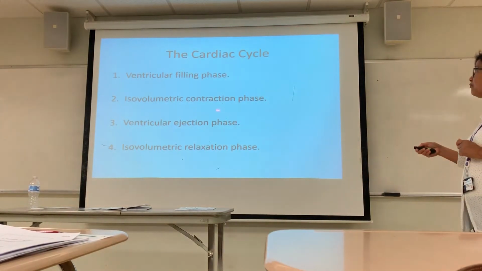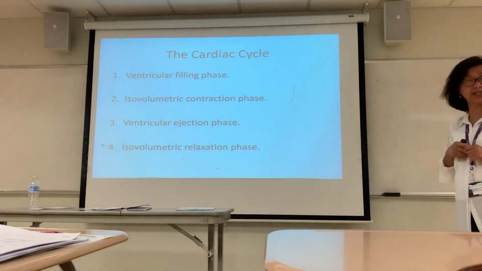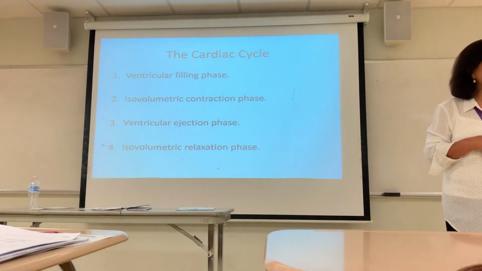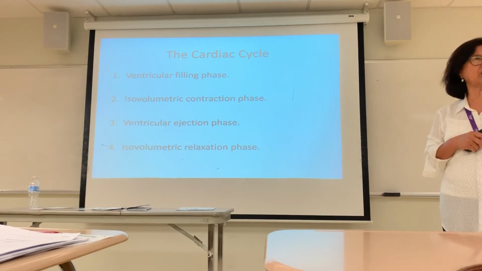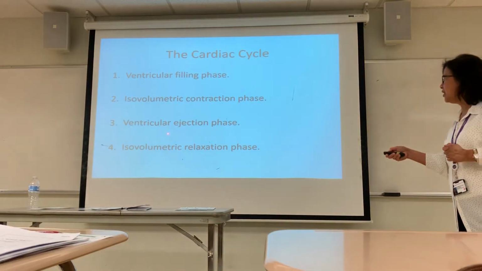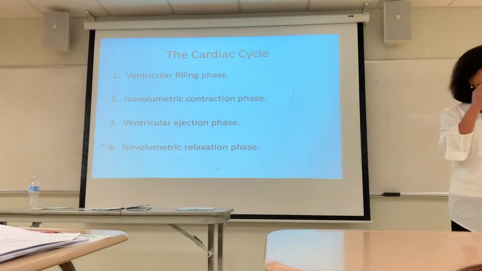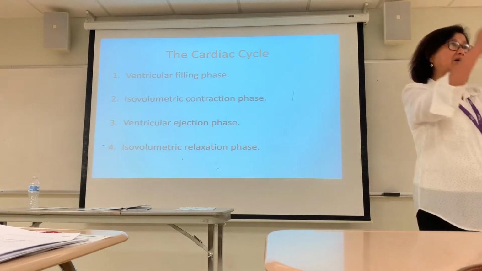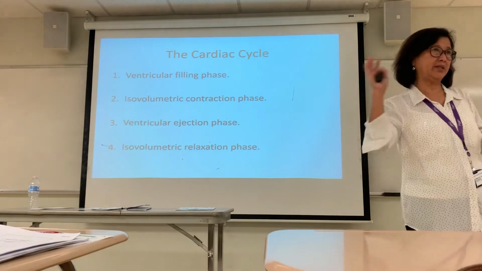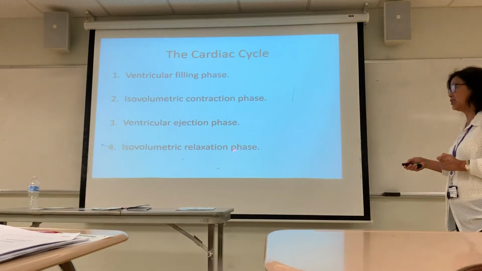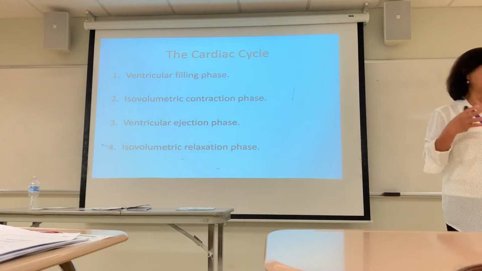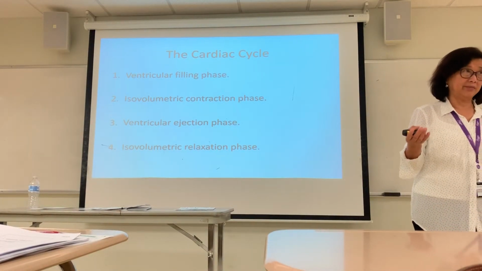And then you have the isovolumetric contraction phase when the ventricles are already filled up, so it will start the action potential. And then the ventricular ejection phase is when the blood from the ventricles gets out, to the lungs on the right and to the aorta on the left. And then the isovolumetric relaxation phase is when there is no activity. Okay?